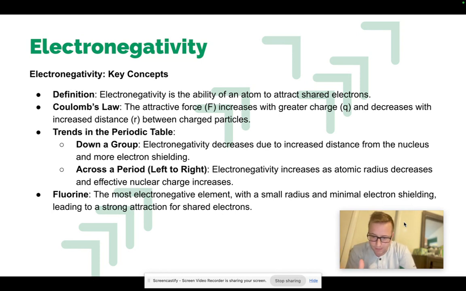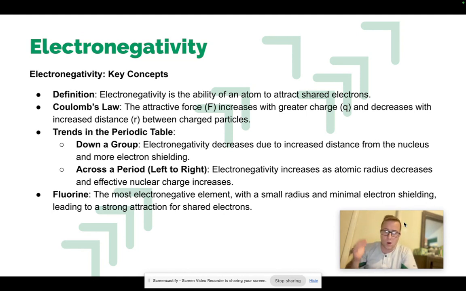Trends in our periodic table. As you go down a group, electronegativity decreases due to increased distance from the nucleus and more electron shielding. Now, again, this is justification for our questions. When you explain something, you're not telling me that it exists. You tell me why it exists.